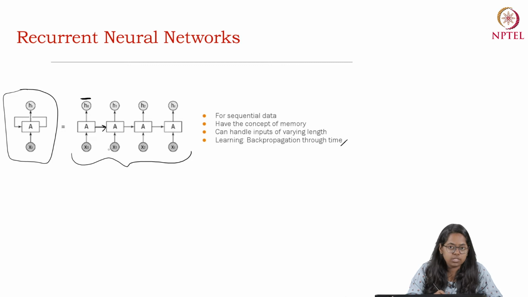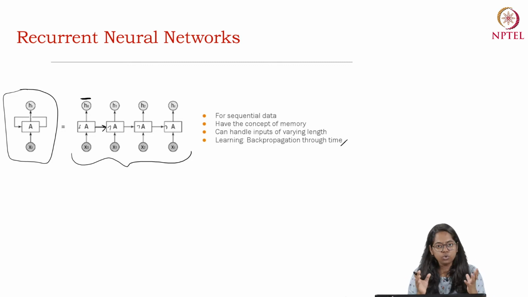Then this input is again passed on to the same unit A, that is, the weights of all these A are the same because it is the same unit. It is just an unfolded way so that we can better understand it.